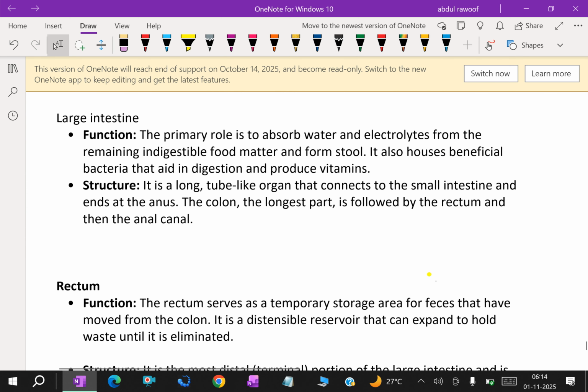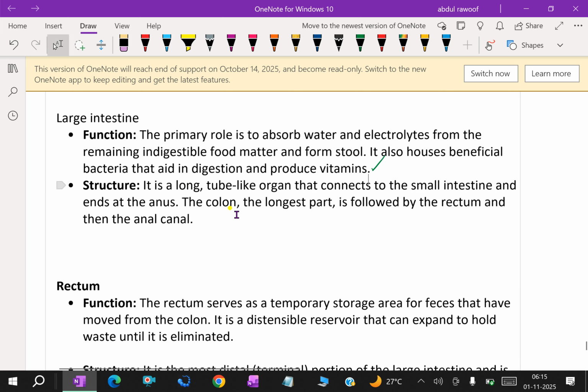Large intestine's functions. The primary role is to absorb water and electrolytes from the remaining indigestible food matter and form stool. It also houses the beneficial bacteria that aid in digestion and produce vitamins.